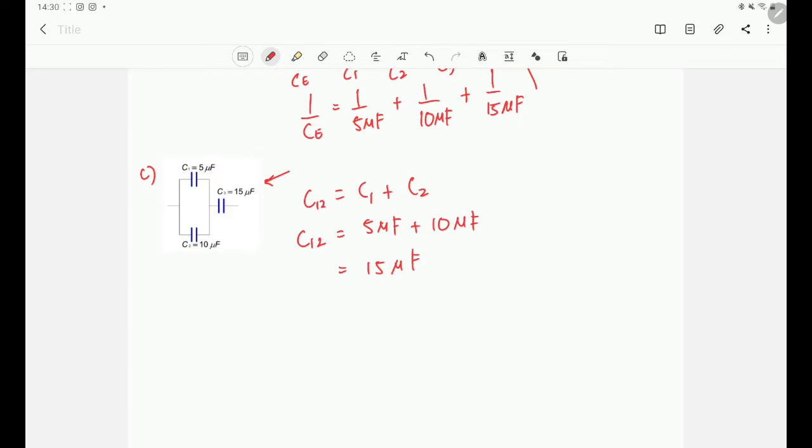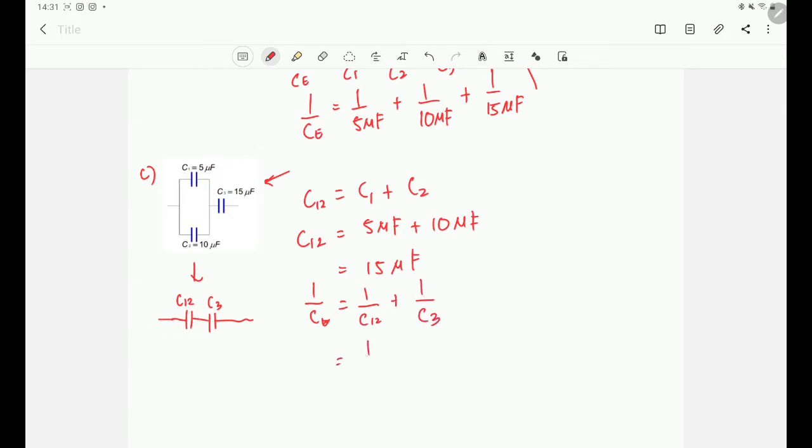After we solve for C1 and C2, we have simplified the circuit. So right now C12 and C3 form a series circuit, and we can find the effective capacitance using the series formula. 1 over C effective equals 1 over C12 plus 1 over C3.